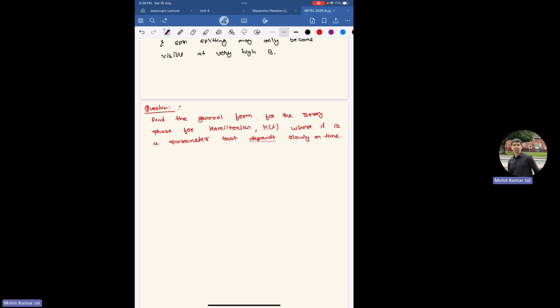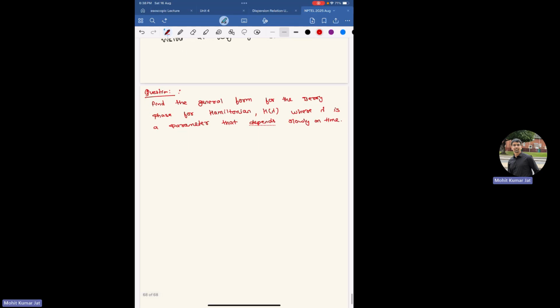So this is the question. Now we'll have to find the general form of the Berry phase. Having said that, I'll start this part where we'll find out the general form of this Berry phase.